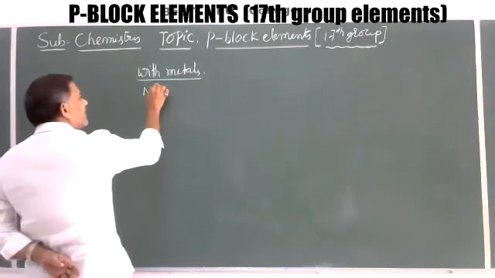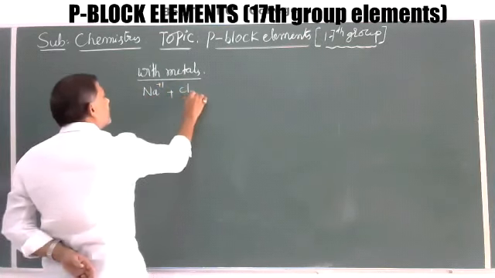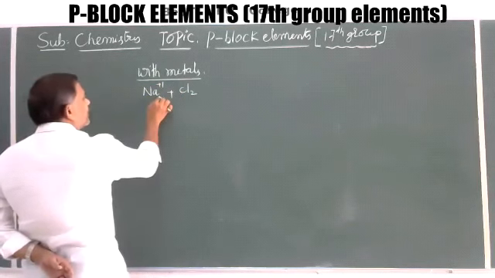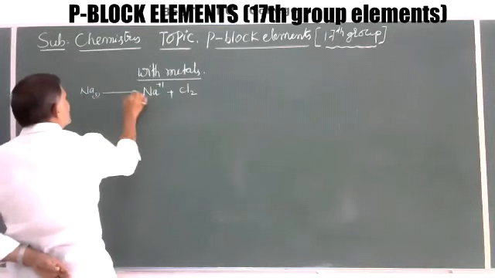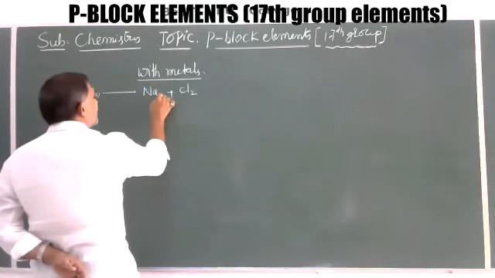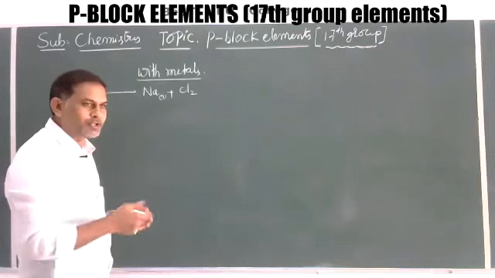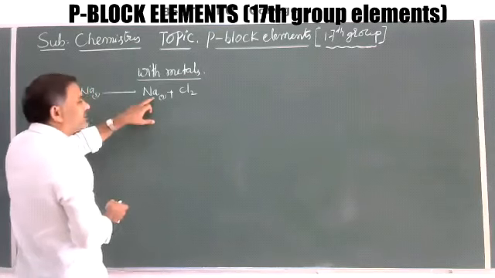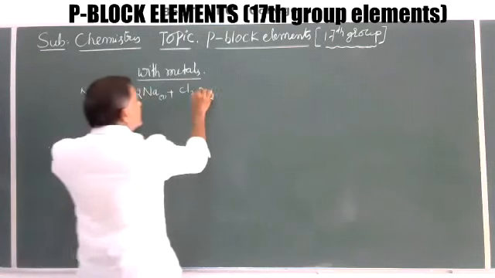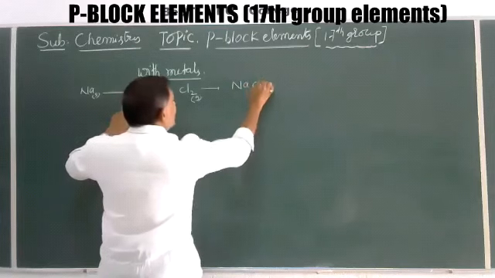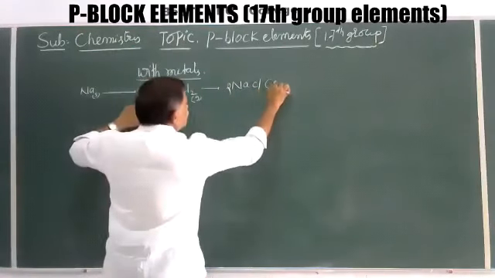Its valence is 1, combining capacity 1, shows +1 oxidation state. It combines with chlorine. Solid sodium is directly converted into gaseous sodium. That direct conversion of solid to gas is called the sublimation process. The gaseous sodium reacts with chlorine, also a gas, take care of the 2 moles, and gives NaCl, sodium chloride.